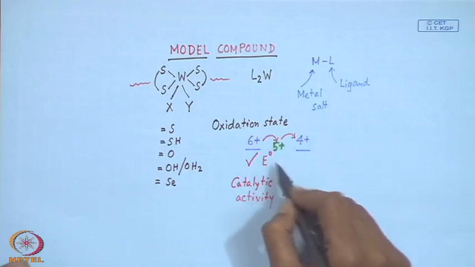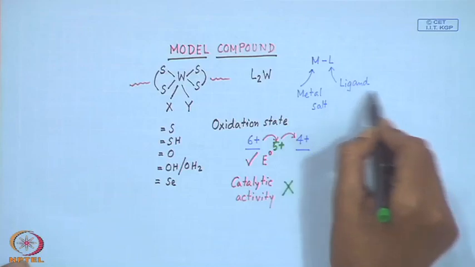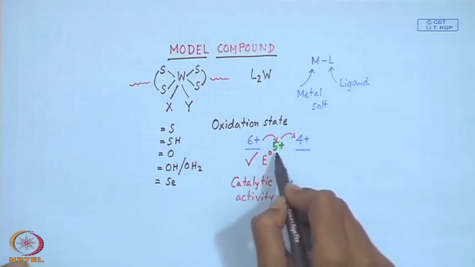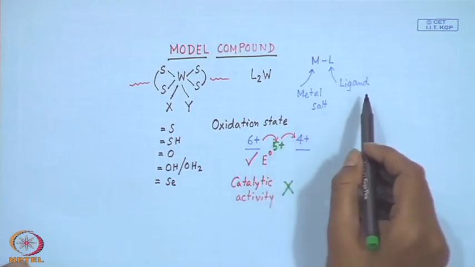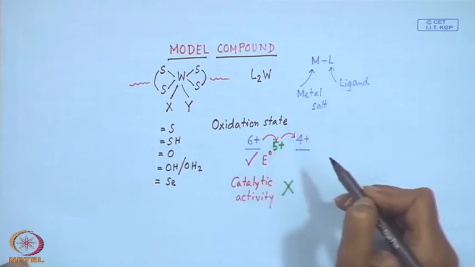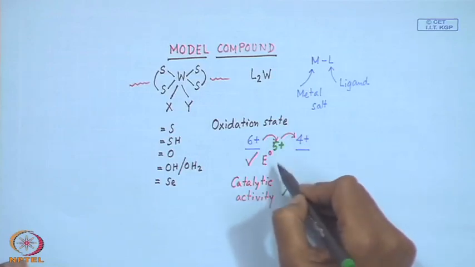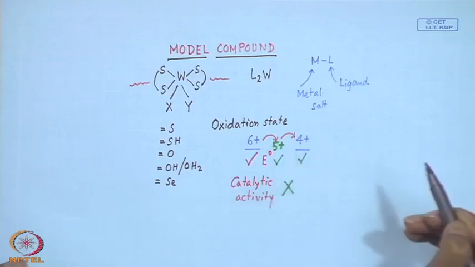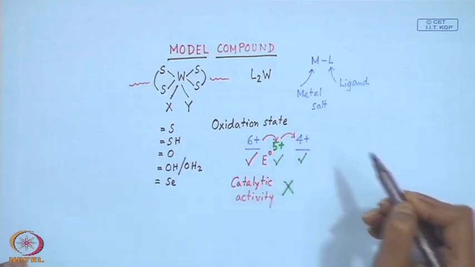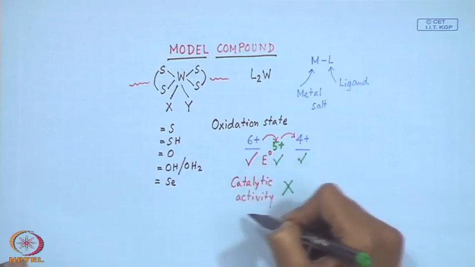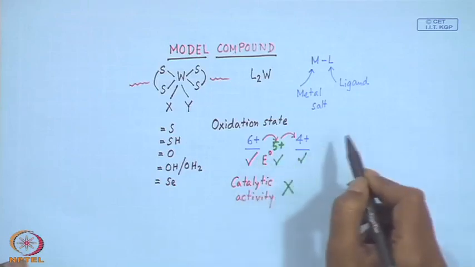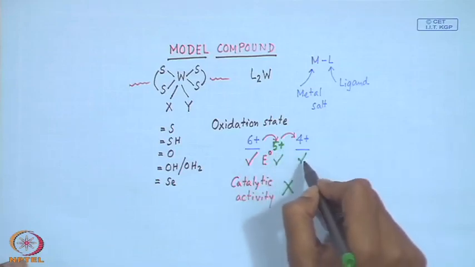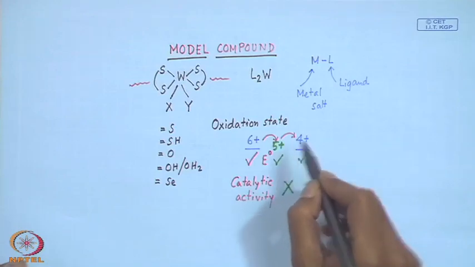Then, if we are lucky enough, because we have to change the ligand site to stabilize the tungsten center in the pentavalent state, as well as use a different ligand system for the tetravalent state. So once we can make these three oxidation states in our laboratory, we test them again for their catalytic activity, and we can find whether the corresponding catalytic site is active for the reaction.